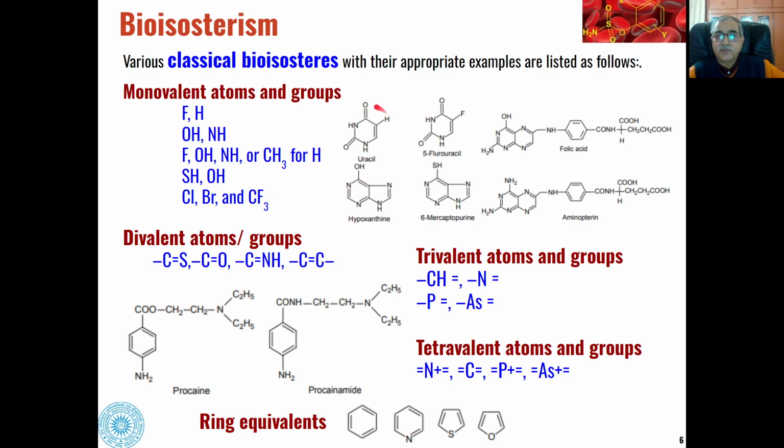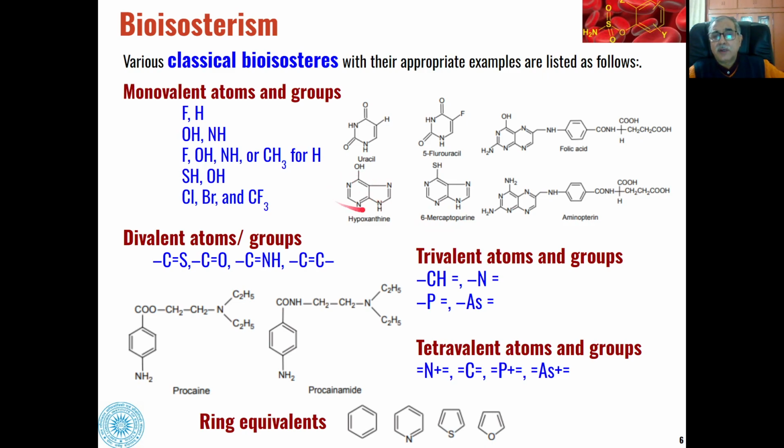isostere. So for example, if you compare the activity of uracil and 5-fluorouracil, you can see the structure of the molecule is the same in both cases, except that here hydrogen has been replaced by fluorine. So these are examples of classical bioisosteres. You see this example, hypoxanthine and 6-mercaptopurine.